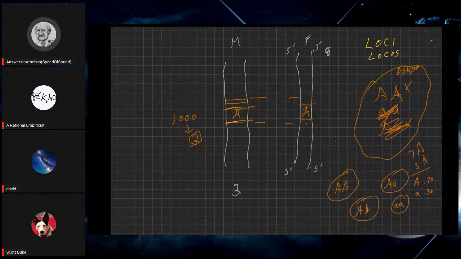But now if the variation occurs in this transcriptional area here, this part that tells you how much of that gene is going to be transcribed, or if it's going to be transcribed at all, then you're going to have a difference in how these two things express.